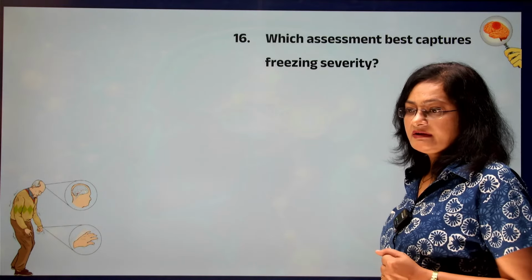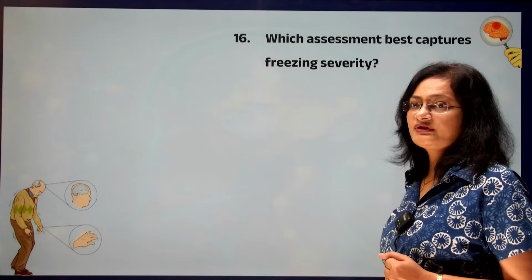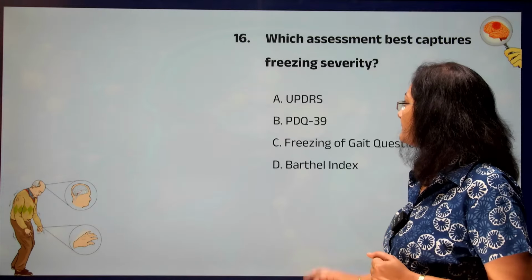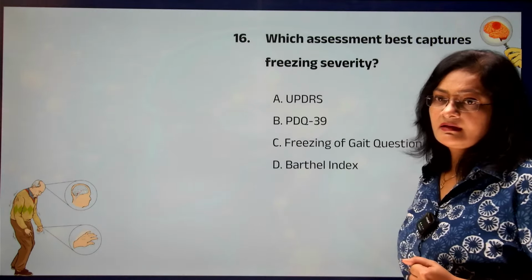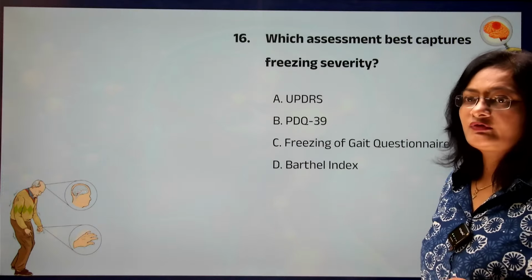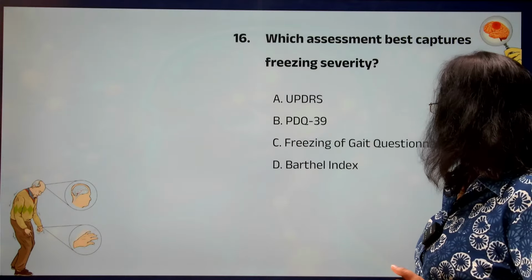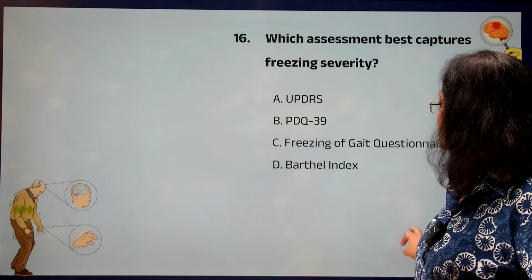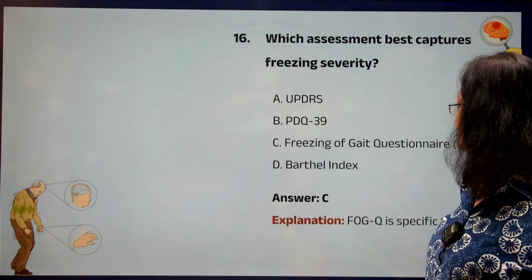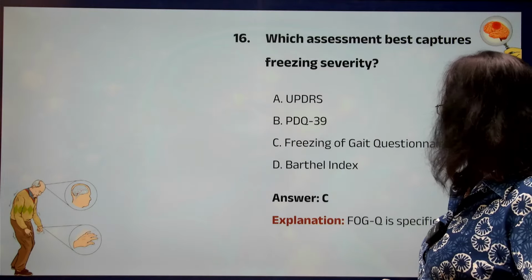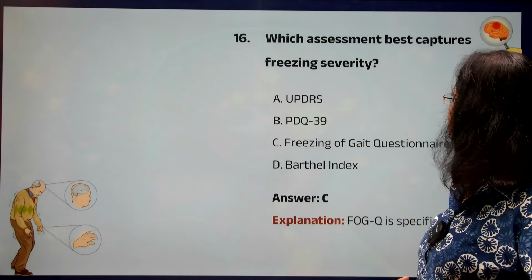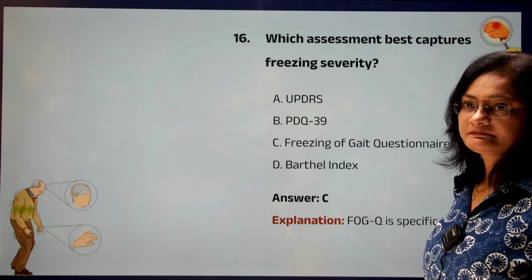Which assessment best captures the freezing severity? UPDRS, PDQ-39, freezing of the gait questionnaire, and Barthel index. Freezing of the gait questionnaire, FOGQ, will assess the freezing severity.